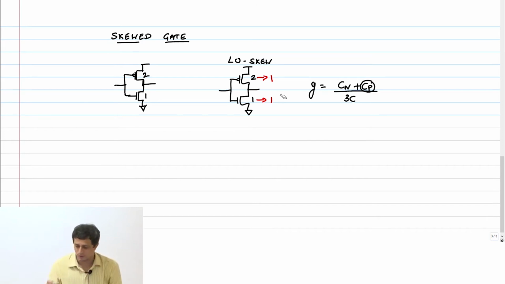Okay? Now, with this kind of a sizing, I am now going to go ahead and find out the logical effort for each of the edges, rising edge and falling edge. Okay? So, let me take this guy.